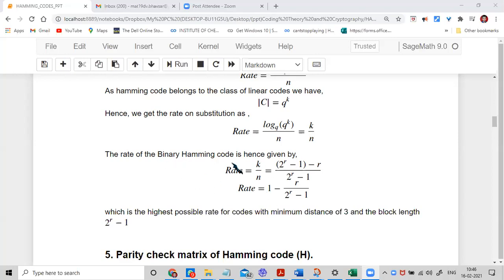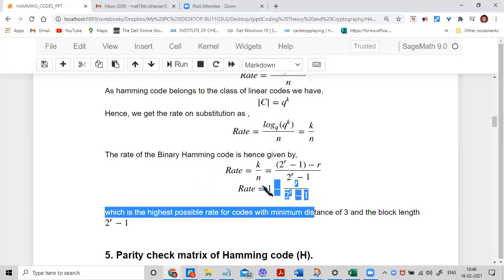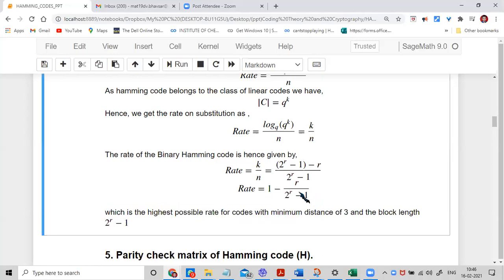For the binary Hamming code, the rate is 1 minus r divided by (2^r minus 1). This Hamming code is defined for having the highest possible rate with the minimum distance of 3.